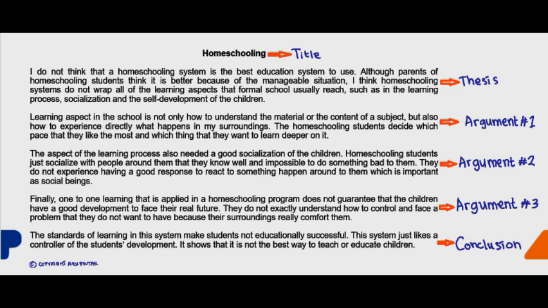And number two is the arguments. In the arguments, you can explain and find some references or journals, and then write them down in your paper, and then argument two, argument three contain causes and effects of homeschooling itself. And then the conclusion, which wraps up the whole topic, the main point of the topic, and sums it up in the conclusion part.